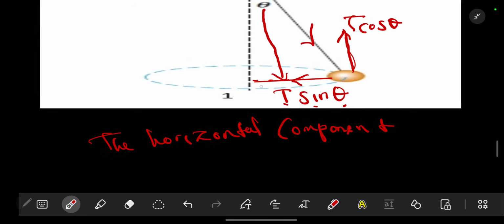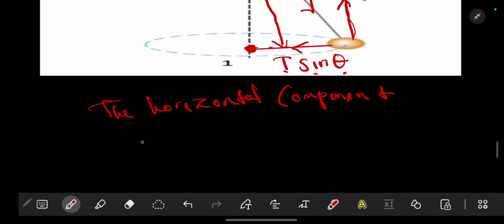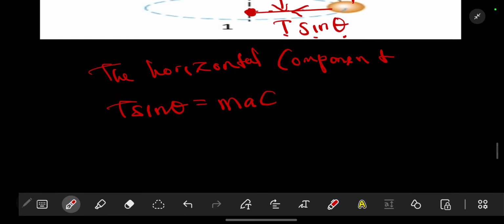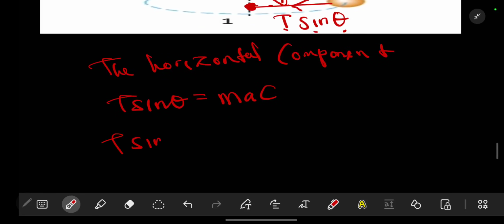Remember, this is the one trying to pull the object to the center of the circle. So T sine theta is equal to the centripetal force, which is m times a_c. Centripetal acceleration, remember, is v squared over r. So this gives you this equation.